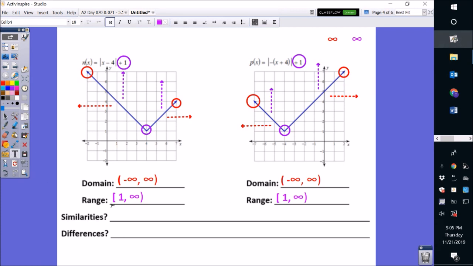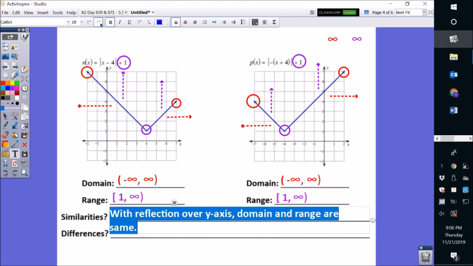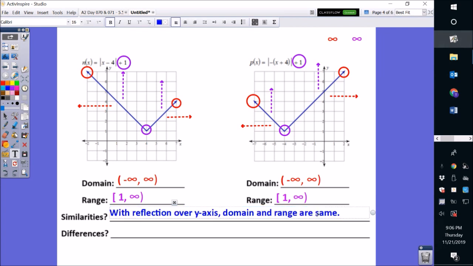So regardless of reflection across the y-axis, with reflection over y-axis, domain and range are the same.